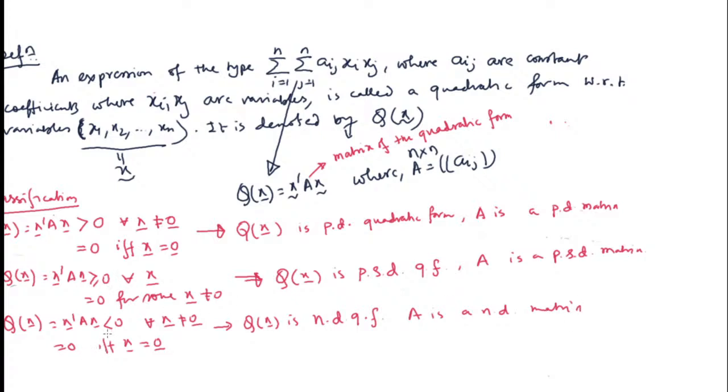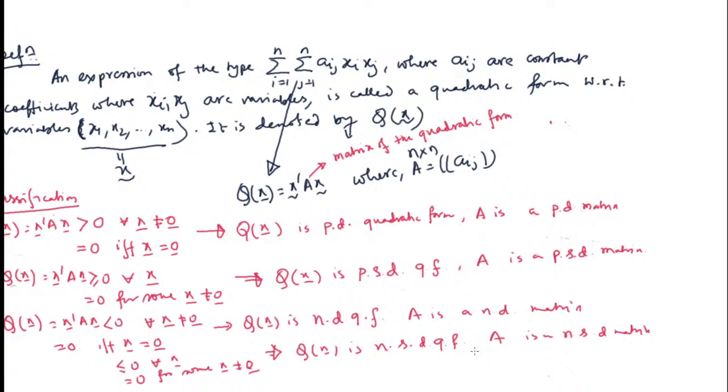Similarly, if this Q(x curl) is less than or equal to 0 for all x curl and equal to 0 for some x curl not equal to 0 curl, then this Q(x curl) is called a negative semi-definite quadratic form and the corresponding matrix A is a negative semi-definite matrix.